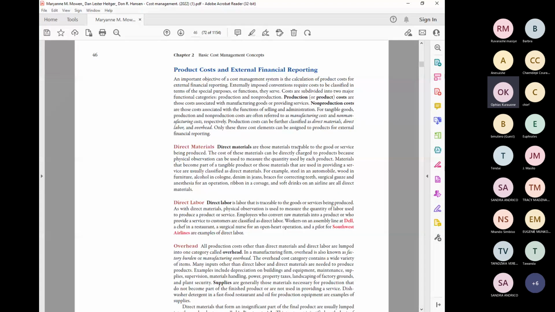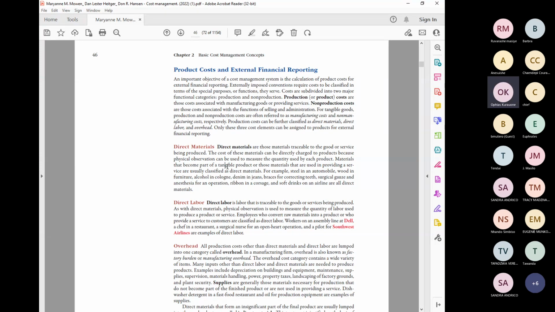That's why in this book they are saying they are traceable. We call them variable costs, because they usually vary with the level of production. So it's very critical to understand that.